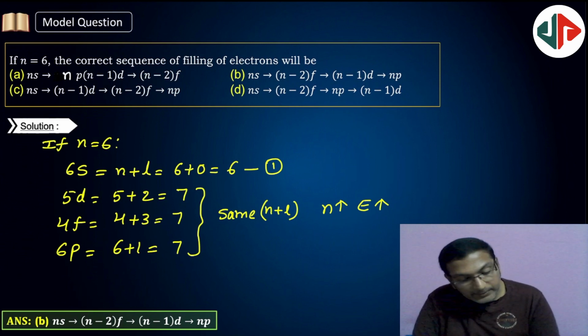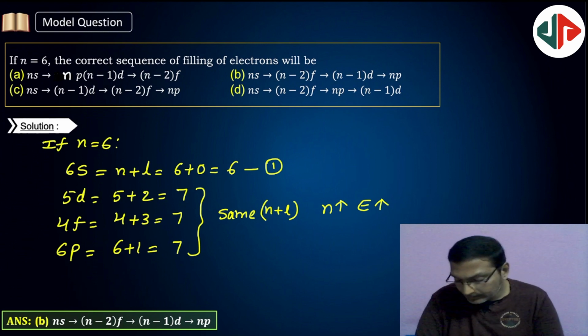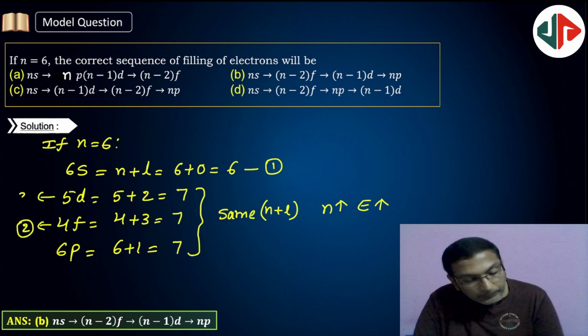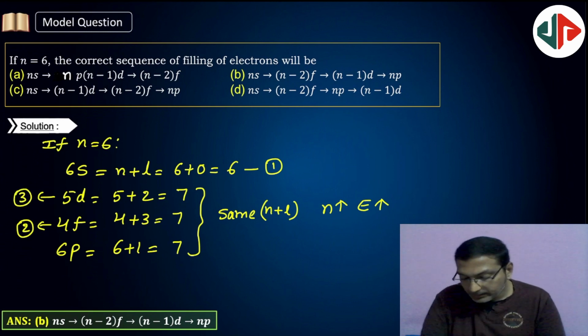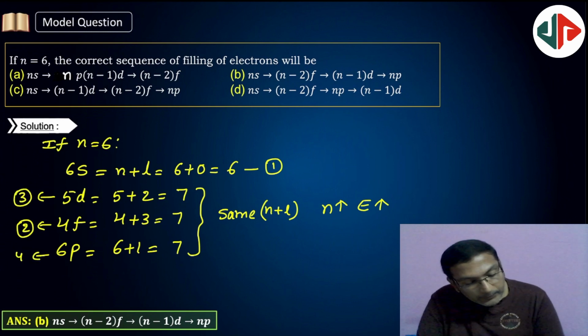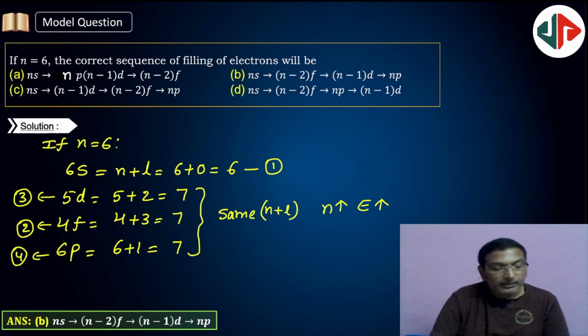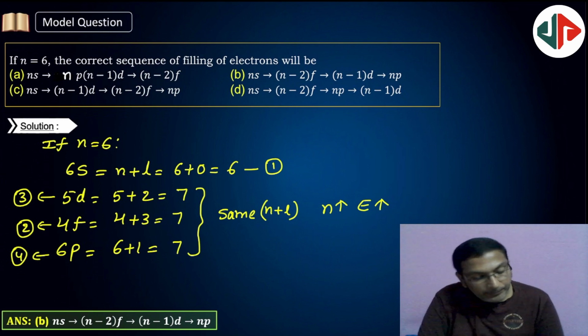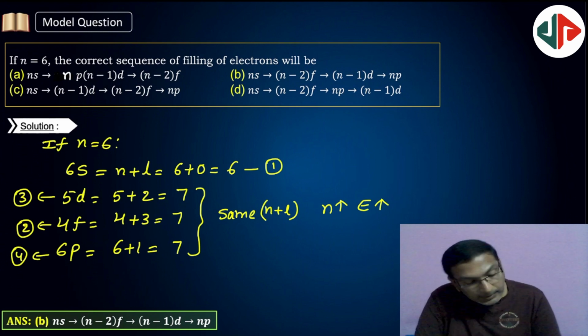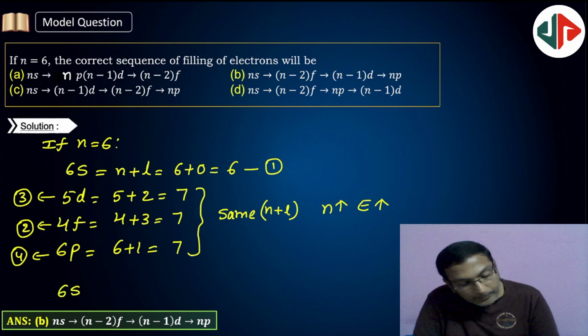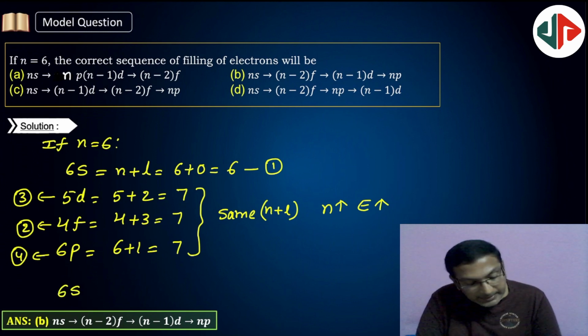Then the second place will be 4f, third place 5d, fourth place 6p. Then the order will be 6s. After completion of 6s, 4f.